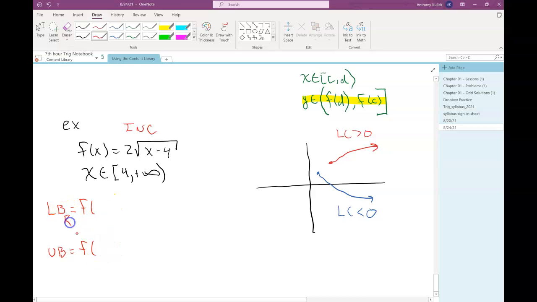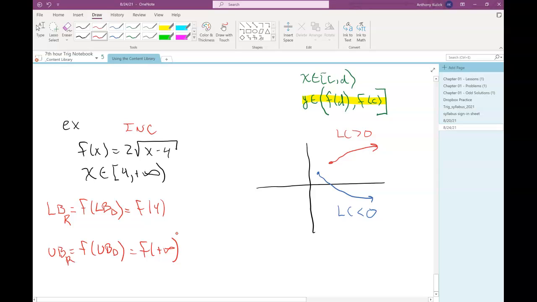I'm going to put a little r there, and I'm going to put a d there, and then I'll write f of 4 and f of infinity. Everybody okay with the notation that I'm saying? Like the lower bound for the range is f of the lower bound for the domain.